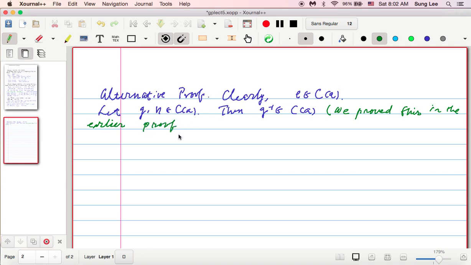That's exactly the same proof, so we don't have to do that. All we have to do now is show that C of A is closed under the same operation.